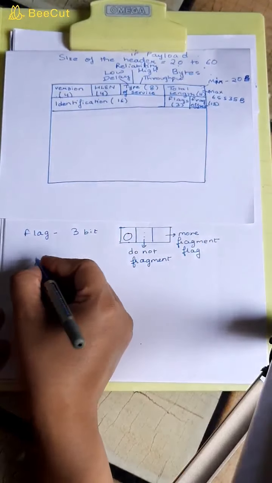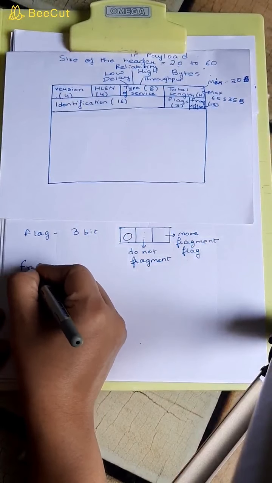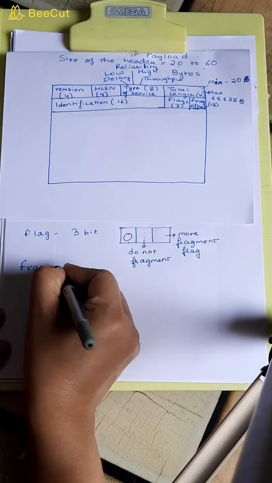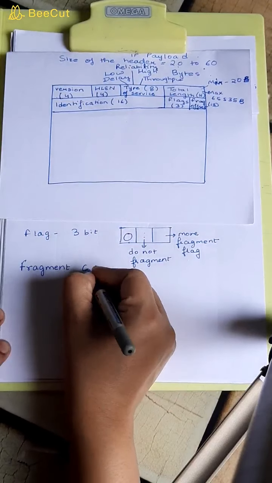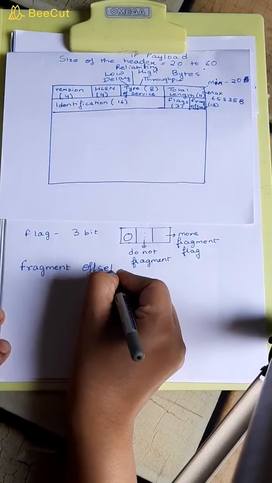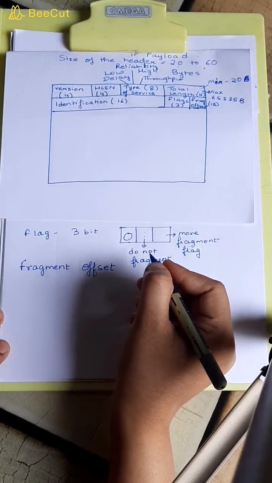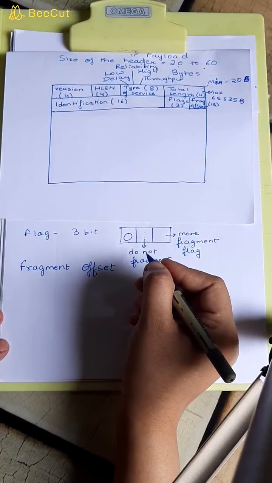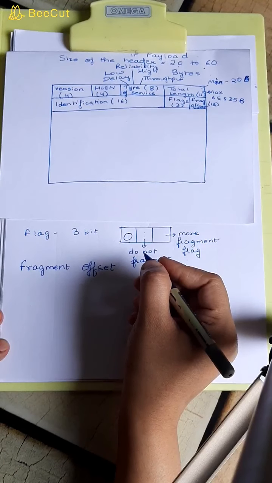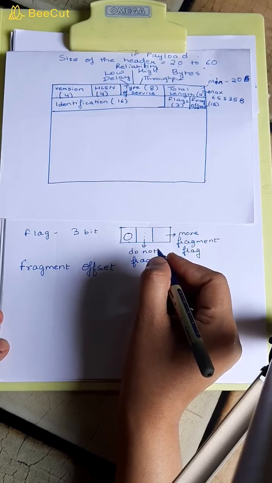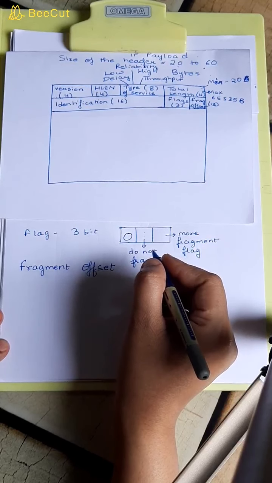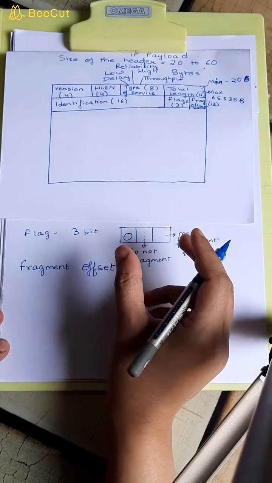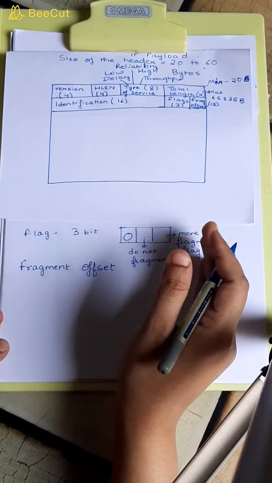Next is fragment offset. In the second row, the last information is about fragment offset. So fragment offset tells about the exact position of the fragment in the original IP packet. If you are using fragmentation, we are fragmenting the IP packet into sub packets.